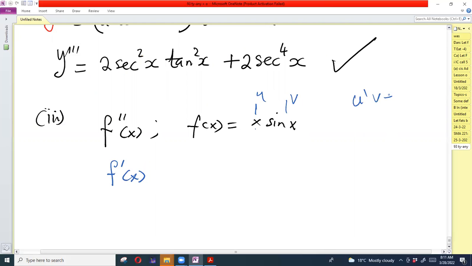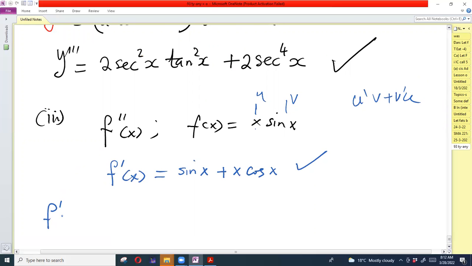So u prime v plus v prime u. u prime is 1 times v, you get sine x. v prime is cos of x, times this will give us x cos of x. So this is the first derivative.